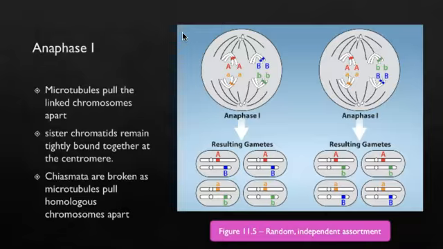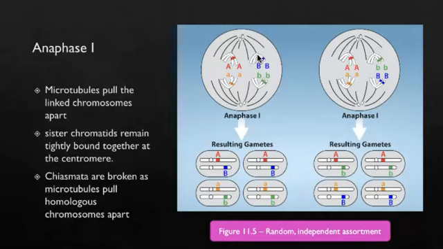At this stage, the microtubules shorten, and that pulls the homologous chromosomes apart toward the opposite poles of the cell. Notice that the sister chromatids remain tightly bound at the centromere. So both of these are tightly bound, right?